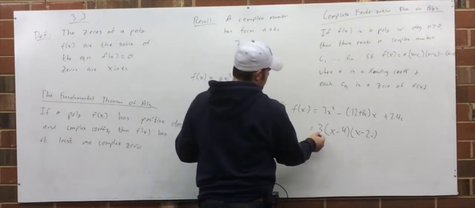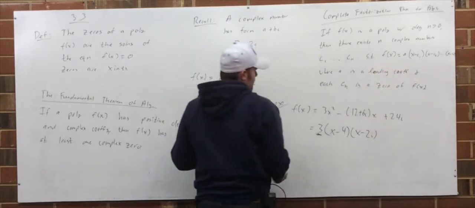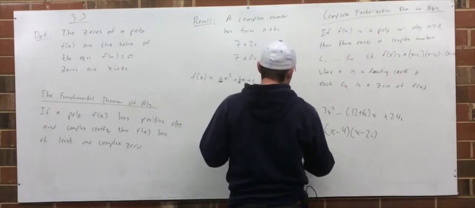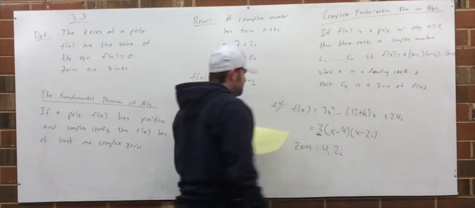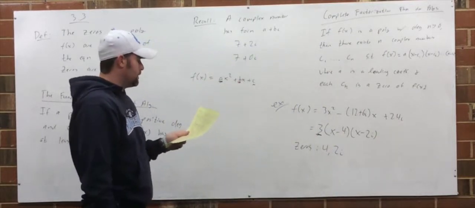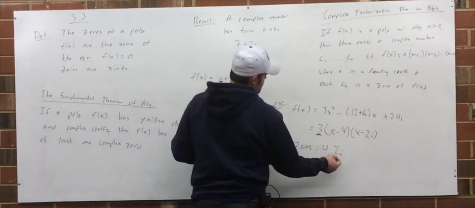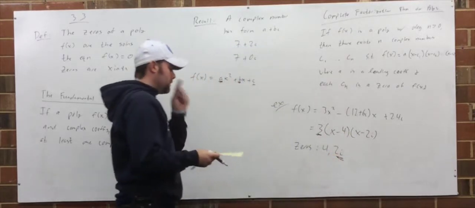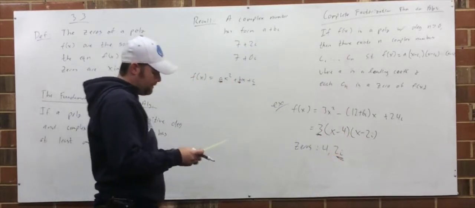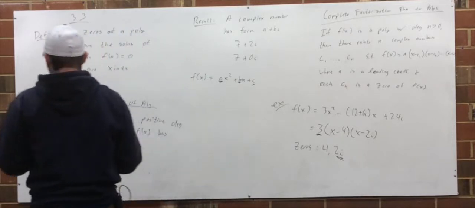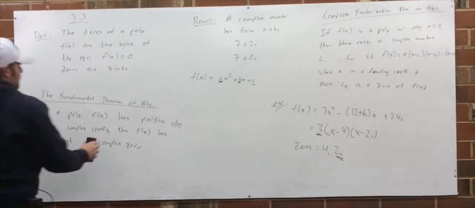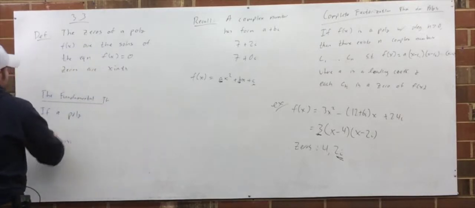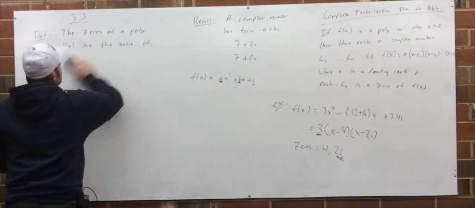So here's our a from here, and then our zeros are simply 4 and 2i. Okay, so this is just kind of a practical application with complex zeros. All right, so again, it sounds tricky, it sounds a little tough, but in practical application, it's not really anything we haven't seen already.